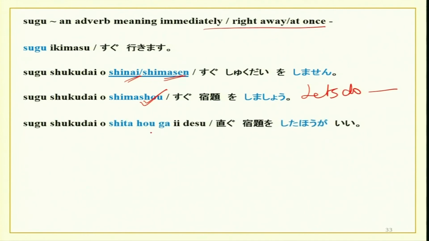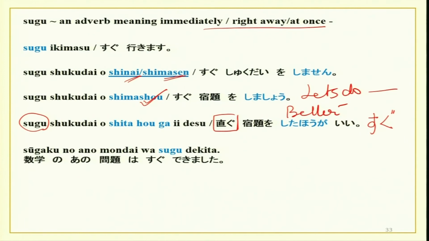Then, sugu shukudai o shita hou ga ii desu. Sugu shukudai o shita hou ga ii desu, meaning it is better that you do the shukudai immediately, right away. Now, sugu is also written like this in kanji, but most of the time we write sugu in hiragana.